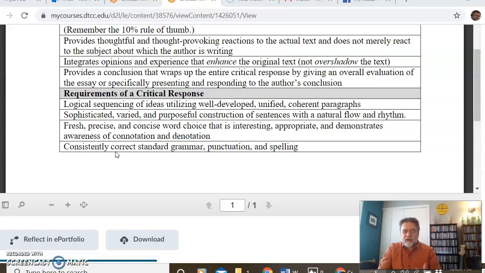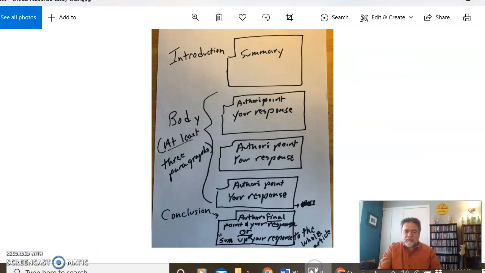And as a final bowing out, I want to mention that in an earlier session when I was discussing this, I showed you a very cheesy looking chart that I made. But just to remind you, your paper should look like this, sort of. Introductory paragraphs, the summary, the body. We need at least three paragraphs to do the job.